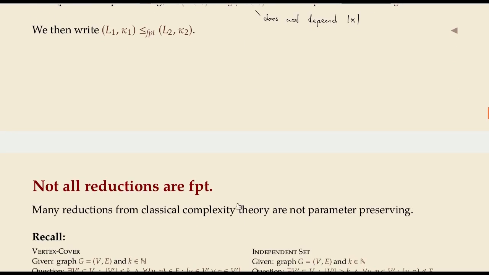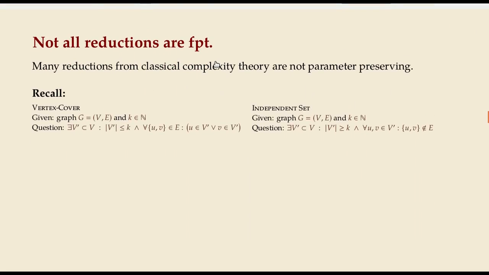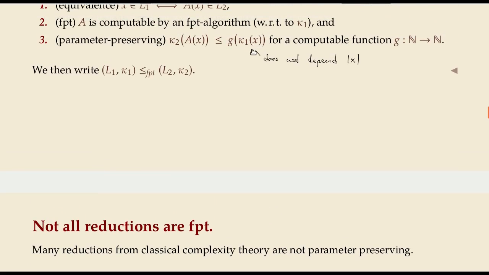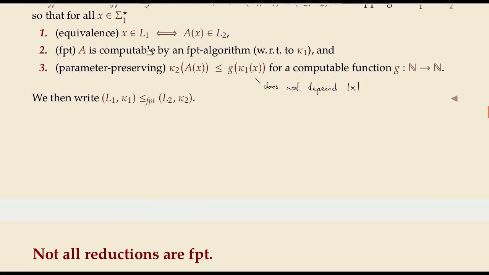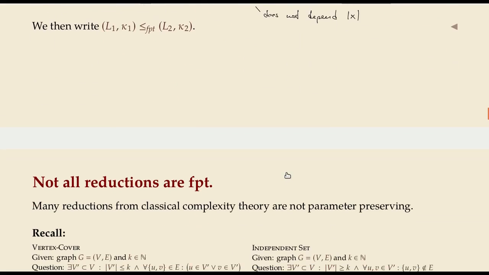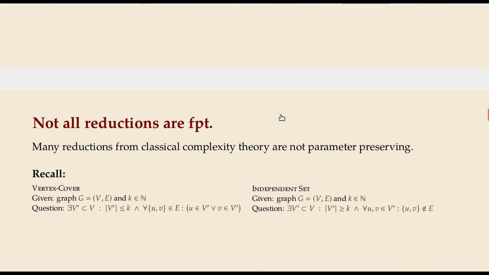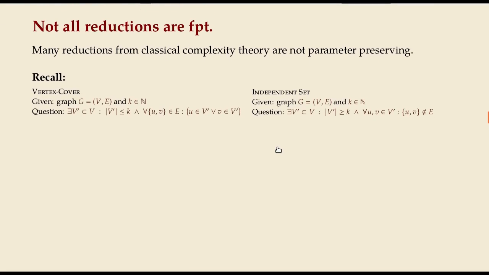The problem now from the application of the theory is that many of the reductions that we've already developed for the classical P versus NP theory do not have this third property. So it's easy to see that the first two are given for a polytime reduction, but the third one not necessarily is.